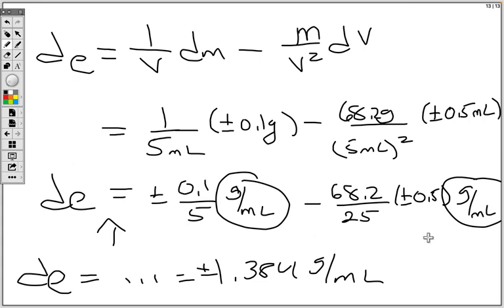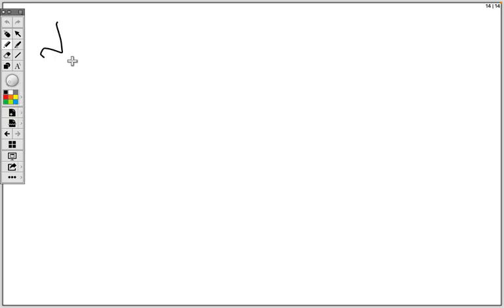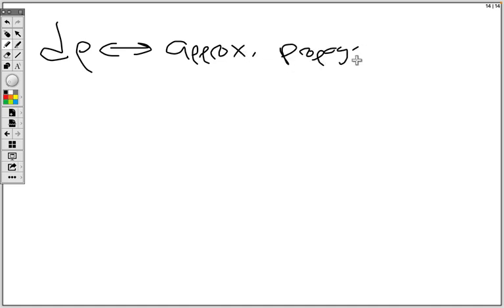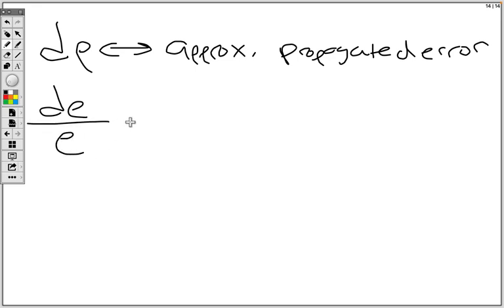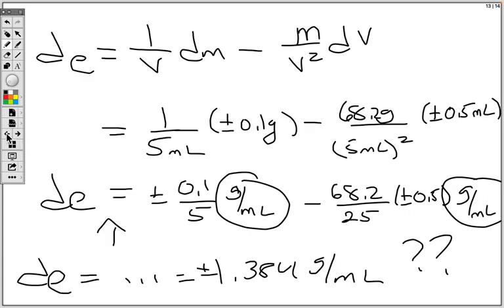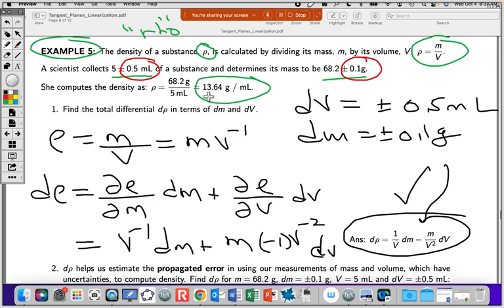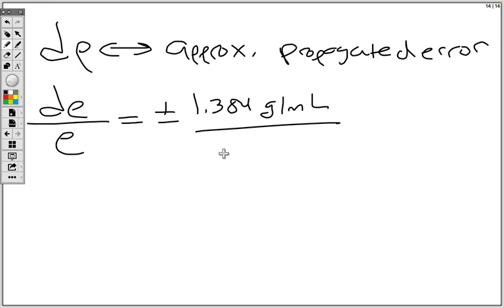And then the question is, okay, well, is that a big or small number? So that's why we do the percent relative error. So d rho, once again, this is the approximate propagated error. If I take d rho divided by rho, that's plus or minus 1.384 grams per milliliter, divided by the calculated amount, 13.64 grams per milliliter.